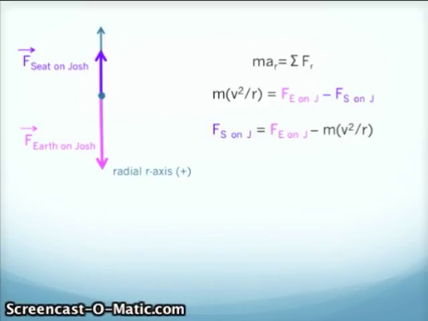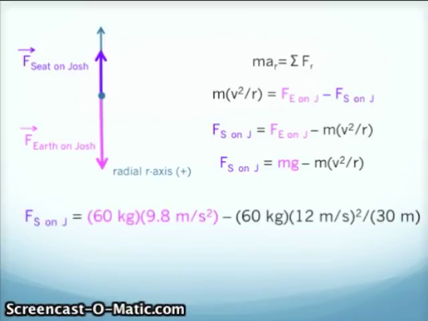And then if we keep moving around the equation, we get this, so that we're solving for the force that the seat exerts on Josh. Then we substitute in mg for the force that Earth exerts on Josh. And we get this lovely equation that we can plug all our givens into. And we end up with this final answer, that the force that the seat exerts on Josh is 300 newtons.